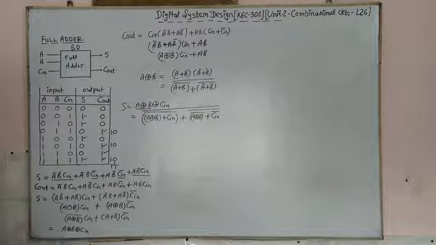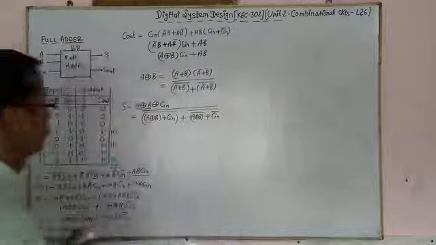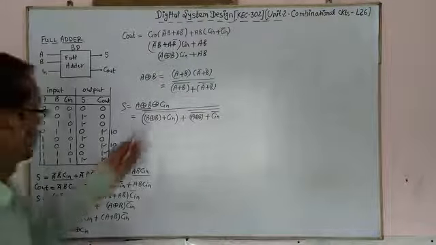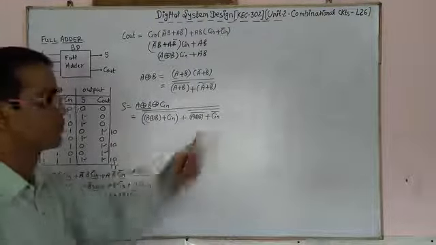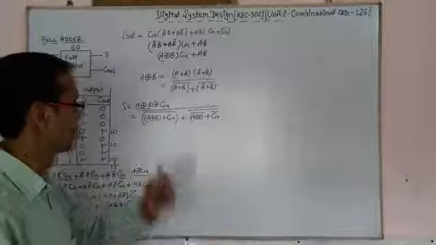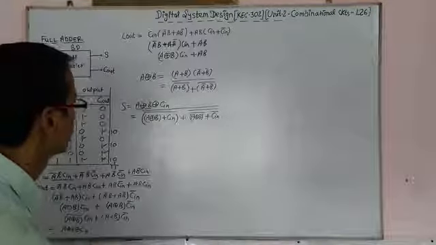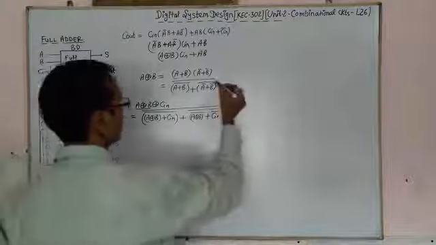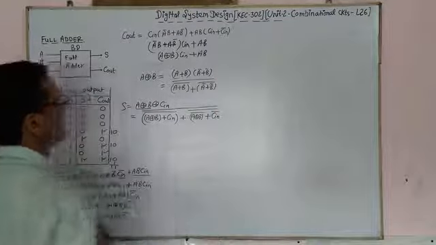Now you have the logical expression in terms of sum, and you can implement this using NOR gate. Before this you have to implement this, after that this.